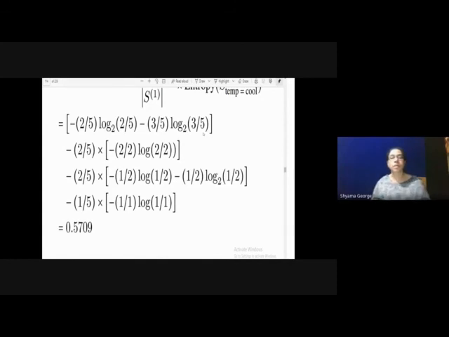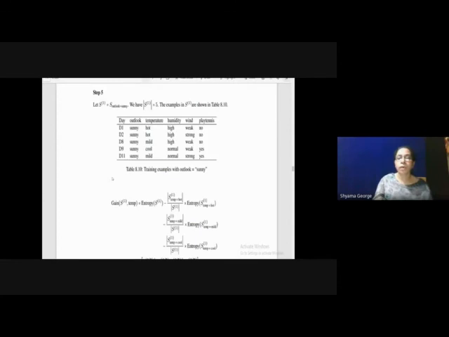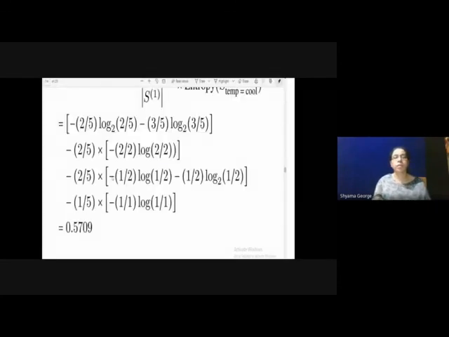When you consider the next attribute, there are 5 records, out of which two are mild. So the value is 2 by 5. Out of these, one is no and one is yes. So that is minus 1 by 2 log 2 to the base 1 by 2, minus 1 by 2 log 2 to the base 1 by 2. Then the last value is cool.